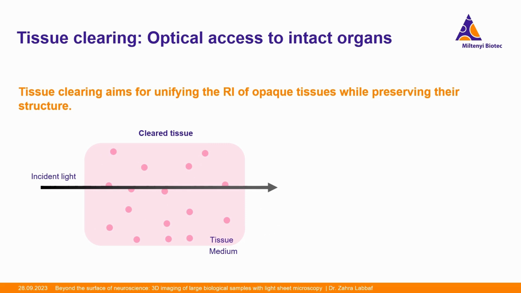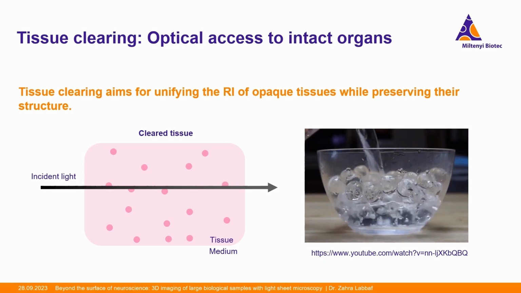Therefore, the aim of tissue clearing is to match these different refractive indices within a tissue. This can be done, for example, by removing, replacing, or modifying the tissue composition using chemical reagents while preserving the structure of tissue. To understand better how tissue clearing works, let's have a look at the following video. What you will see in this video is a glass ball that contains polymer beads. At the beginning of the video, these polymer beads are surrounded by air.